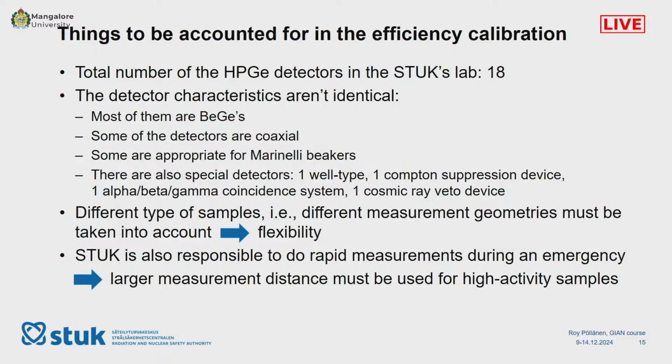Some of them are appropriate for Marinelli beakers. There are also some special detectors: one well type, one Compton suppression device, one alpha beta gamma coincidence system, one cosmic veto system also. We are measuring really several types of samples, any kind of samples, including individual particles. So how to do efficiency calibration, efficiency determination in those cases.